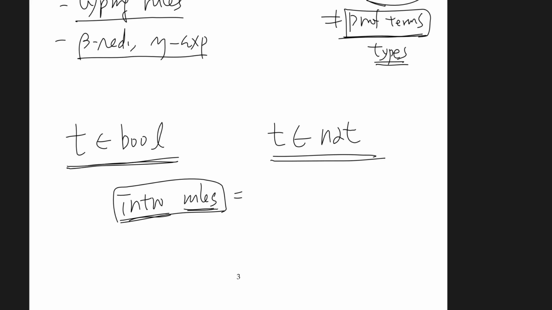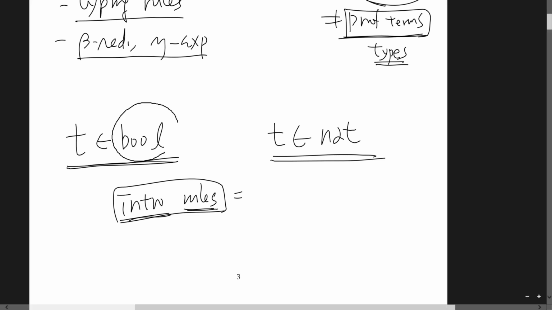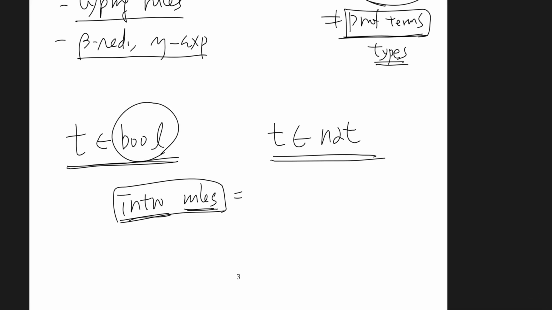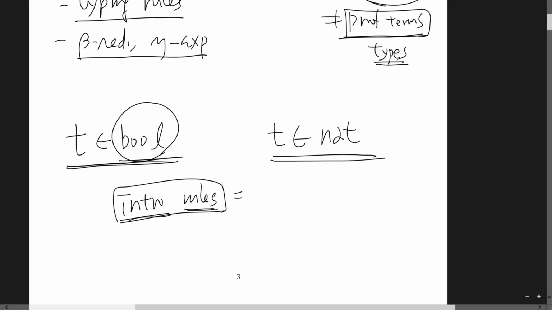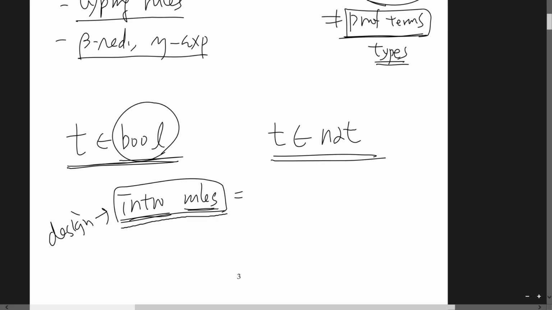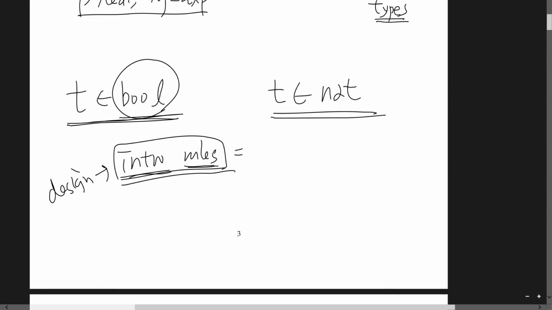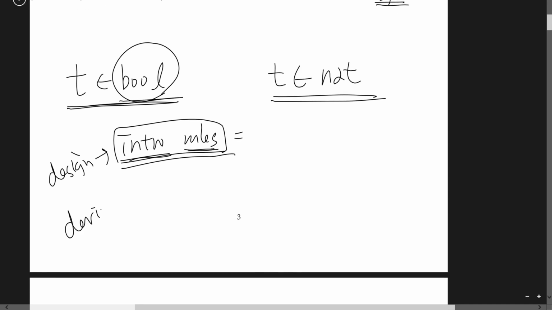So introduction rules basically convey the idea behind this particular data type. For example, the introduction rules for bool tell us the main idea behind this data type bool. So we design these introduction rules ourselves. And then we try to derive automatically these elimination rules.